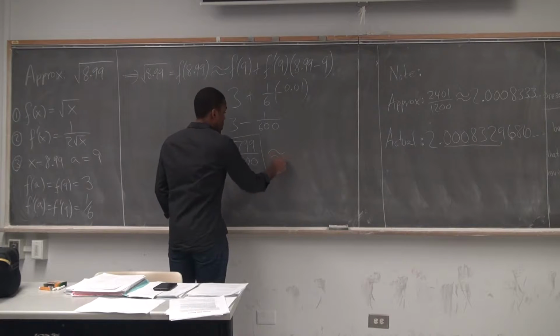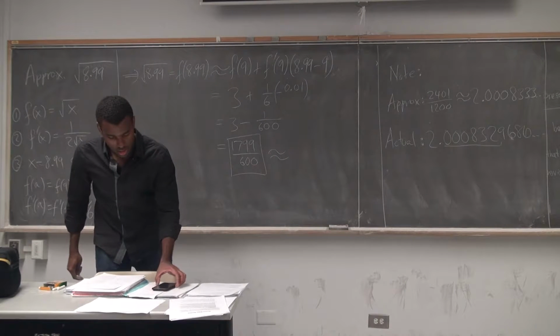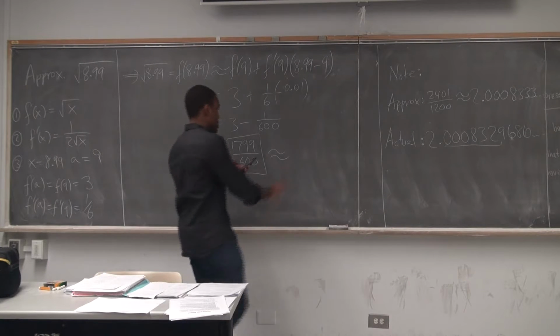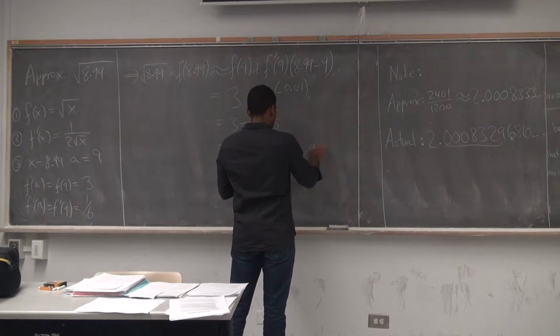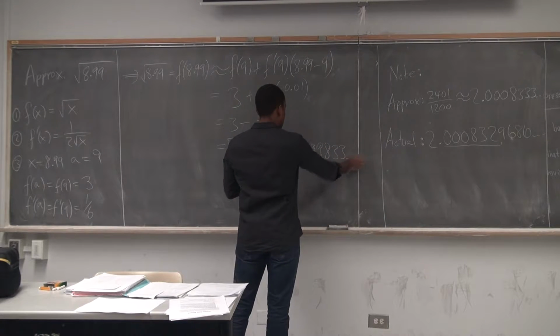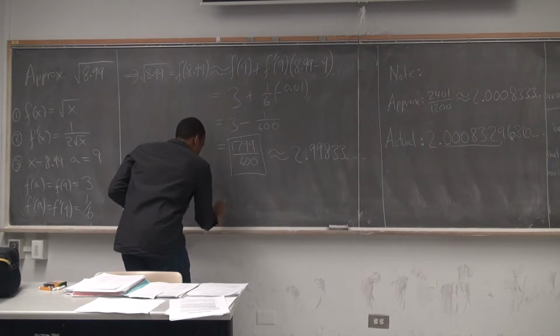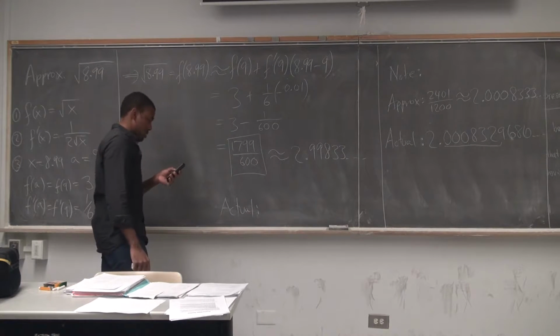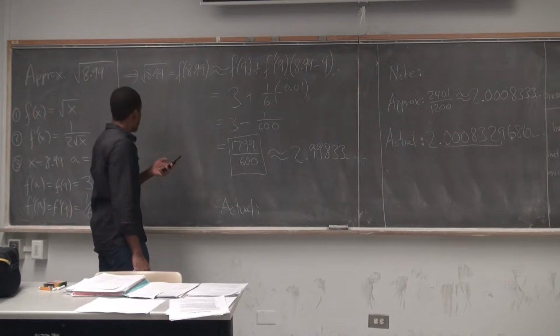I don't actually know what that is, but let's see. 1799 divided by 6. This is 2.99833. Threes repeat forever. The actual answer. Let's see if I can. Do I have the square root? Yes, I do.